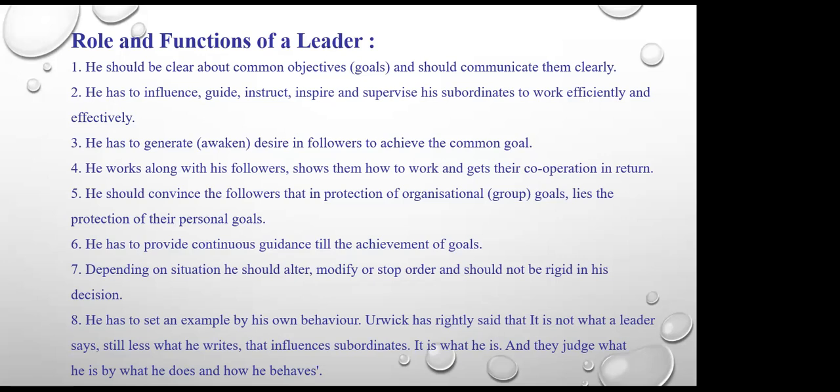And Anurag has rightly said that it is not what a leader says, still less what he writes, that influences subordinates, and they judge what he is by what he does and how he behaves. How he is behaving and how he is doing and how he is judging will decide his leadership.